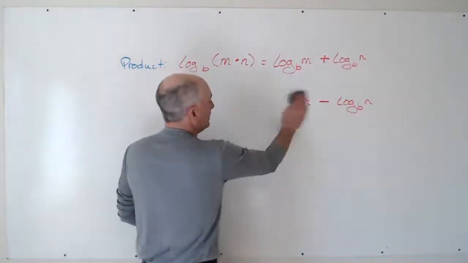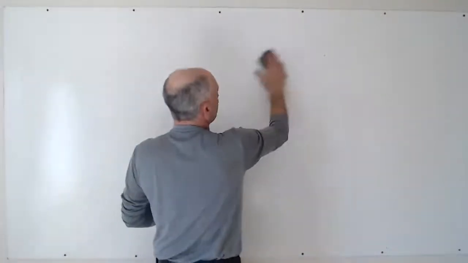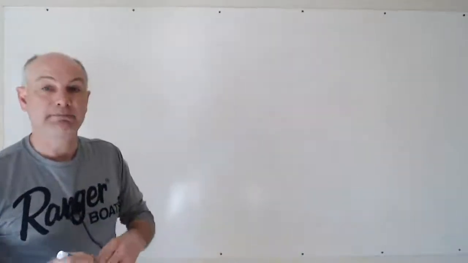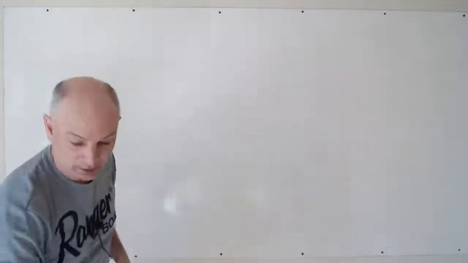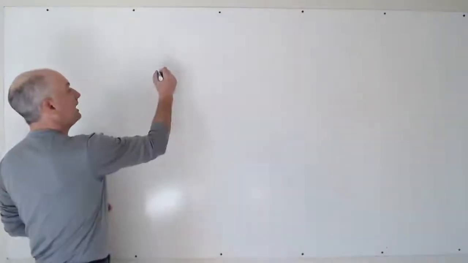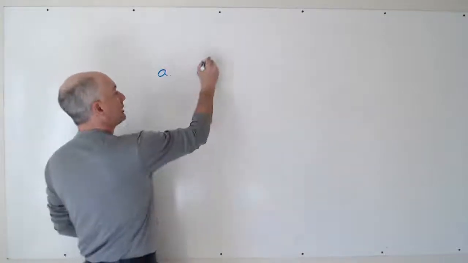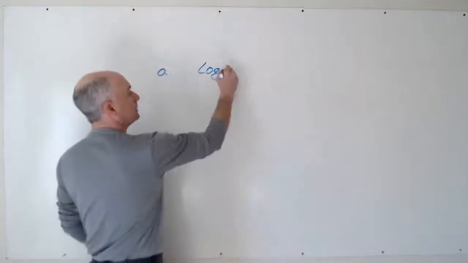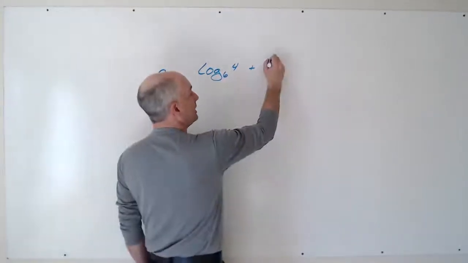So you'll notice that in this particular case, it's giving us the directions of saying express each as a single logarithm and then simplify it if it's possible. So in part A, they're giving us log base 6 of 4 plus log base 6 of 9.